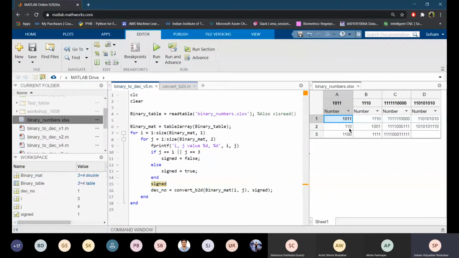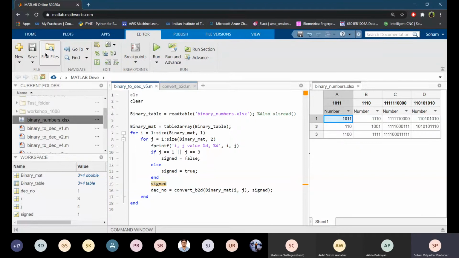Okay, so let me modify the XLS file a little bit and re-upload it. Binary numbers. I'm modifying it on my local machine. Okay, so now let me save and upload.